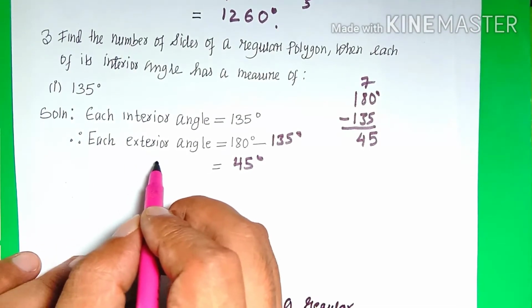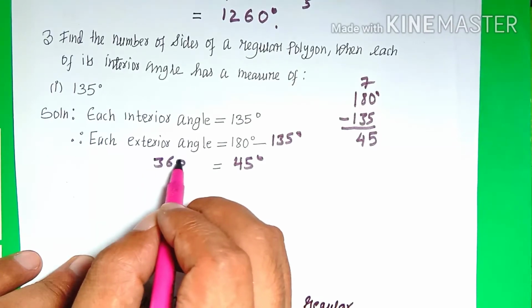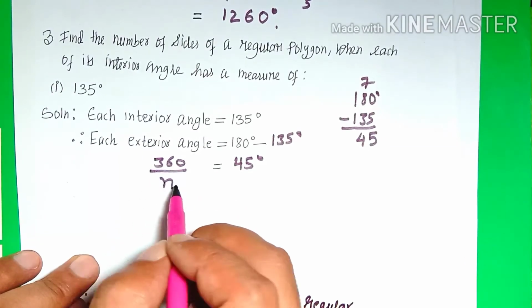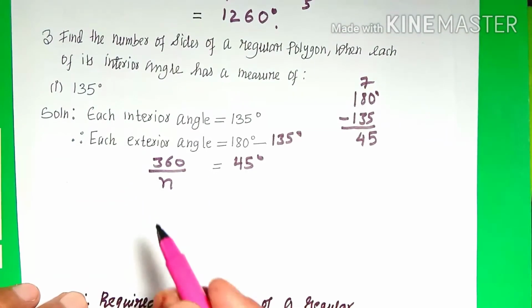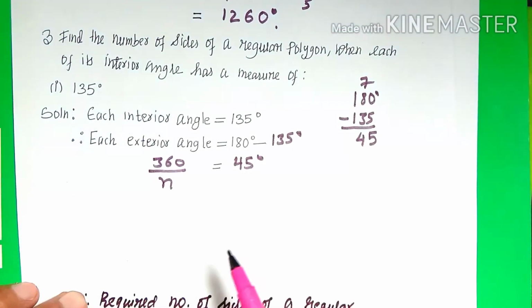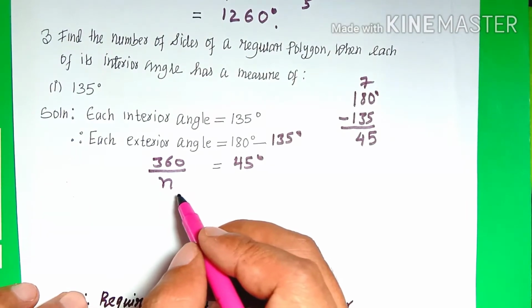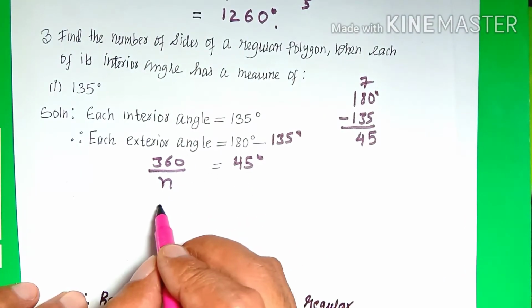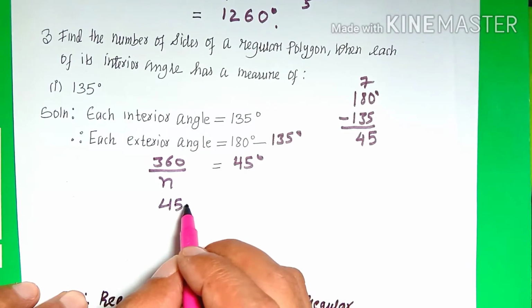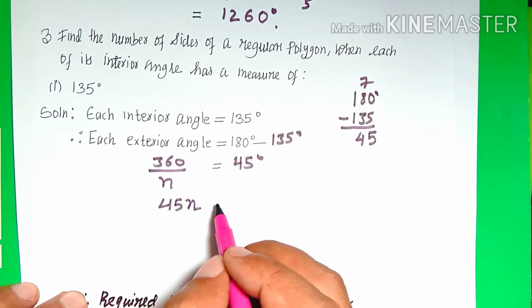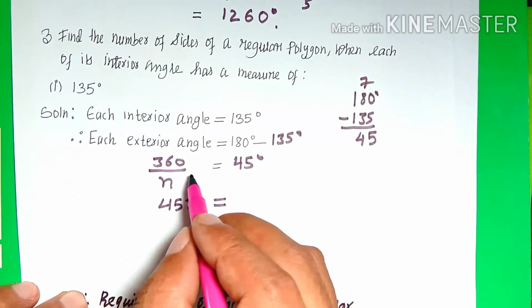We also know the formula for each exterior angle, which is 360 divided by n. To get the number of sides, we take the help of the exterior angle and use cross multiplication, which gives 45n on one side, which is also equal to the other side.